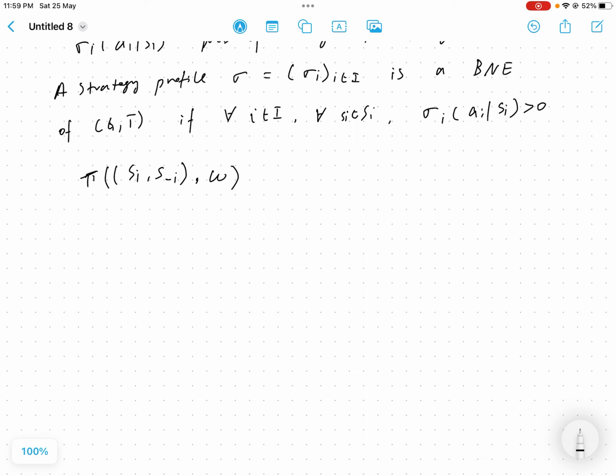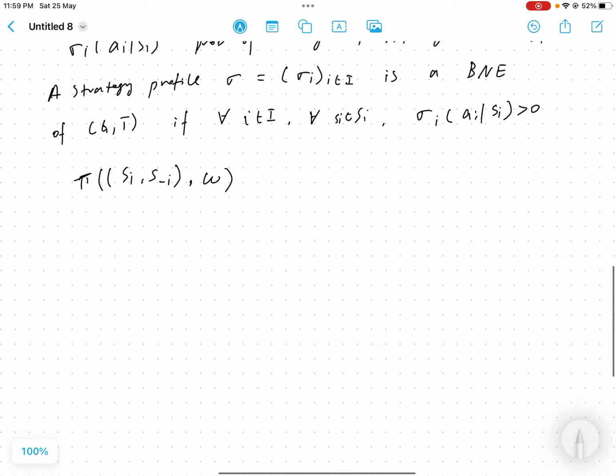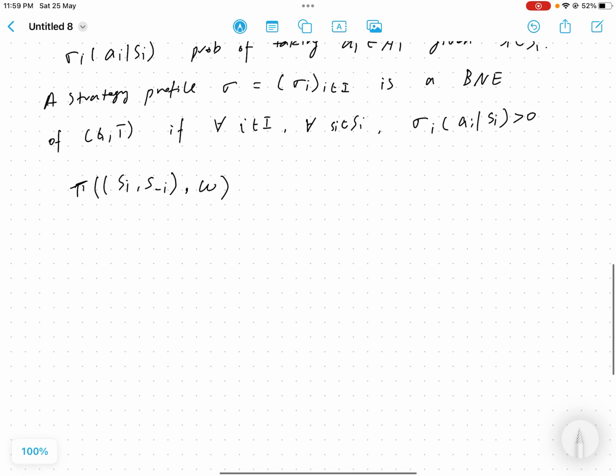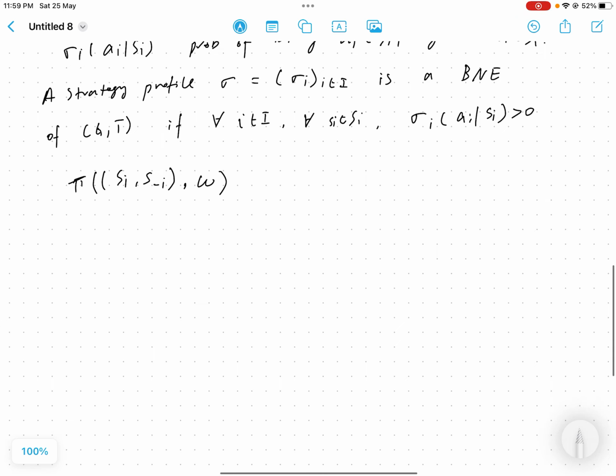This probability has to be multiplied by the utility, and also by the strategies, so we multiply all those strategies together.